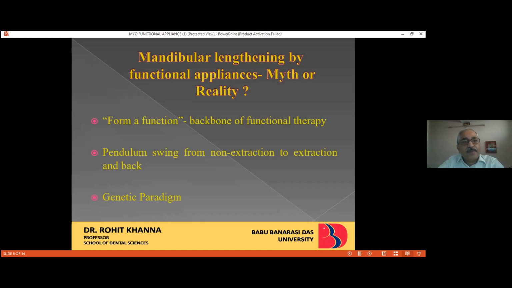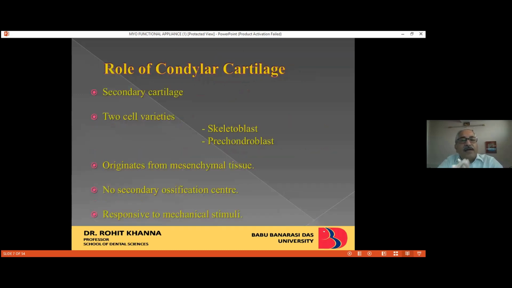Now, the role of the condylar cartilage: the condyle of the mandible, which articulates in the glenoid fossa of the temporal bone of the skull, has a cartilage over it. This cartilage is comparable to the cartilage over your long bones, that is the epiphysis.